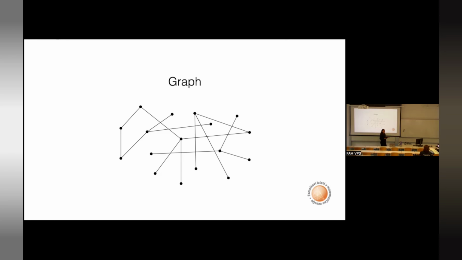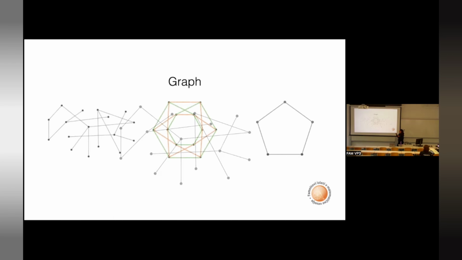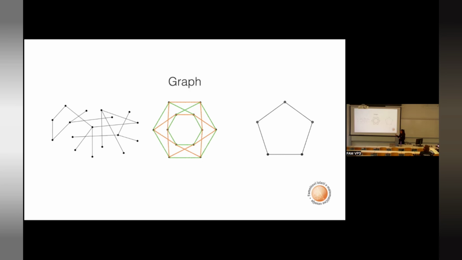So just very informally, what is a graph? A graph is points, and I will put a line between some of these points, in this case, if the people know each other. We have many different kinds of graphs, but just keep in mind for today, we want to be working with points and lines.